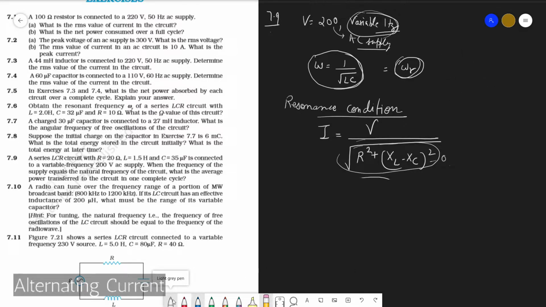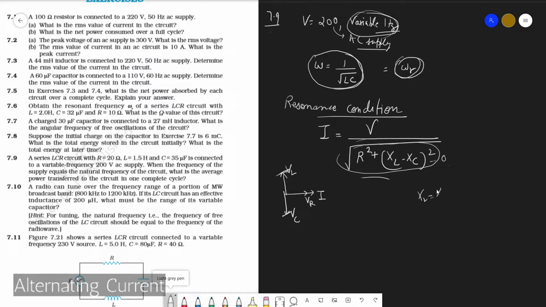In this condition, suppose this is the I, and this will be VR, and in resonance, suppose this is VL and this is VC, because current is lagging this. These two phasors are equal and opposite.